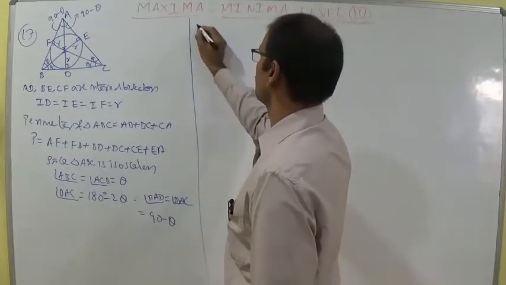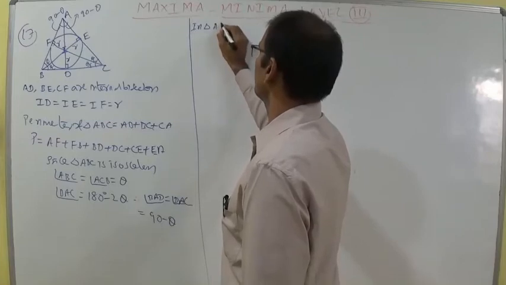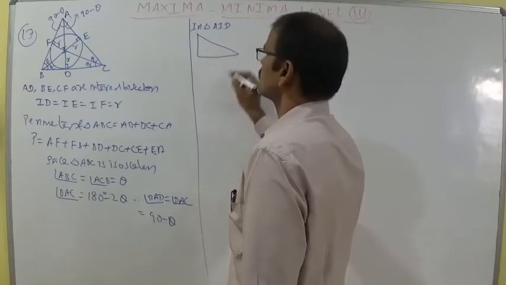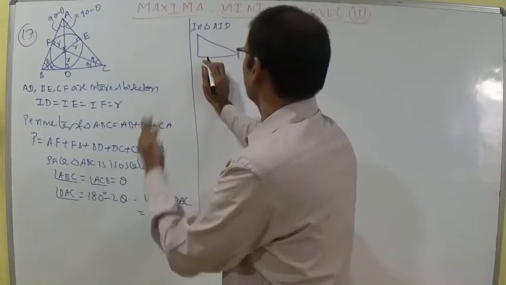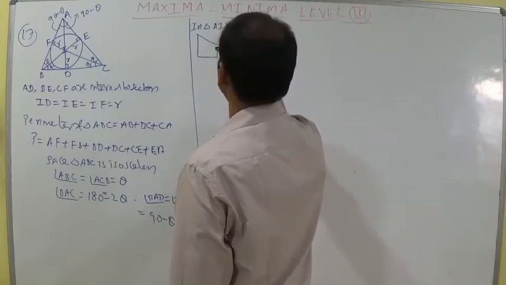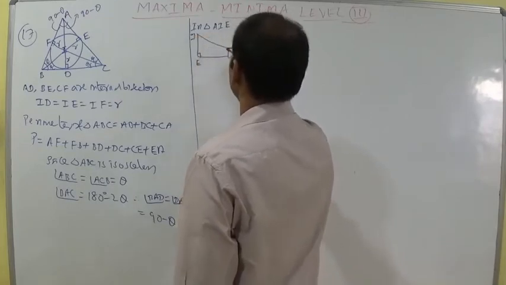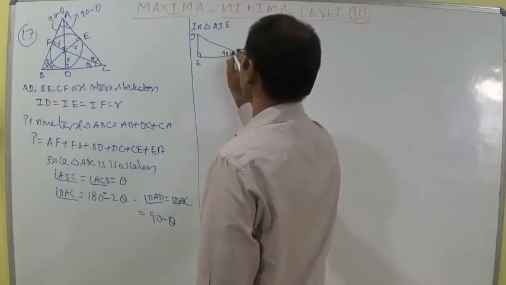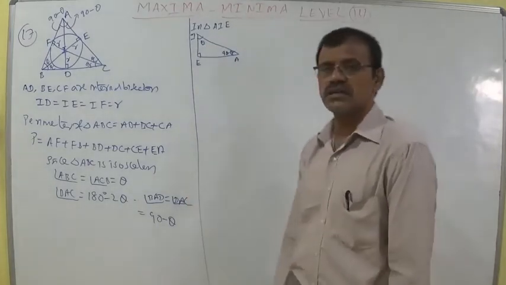Now let us discuss the triangle. In triangle AID, let us draw a rough diagram. This is E, here it is perpendicular, so this is I and this is A. At A we got the value 90 minus theta, and here this is theta obviously, because the sum of angles in any triangle is 180 degrees.